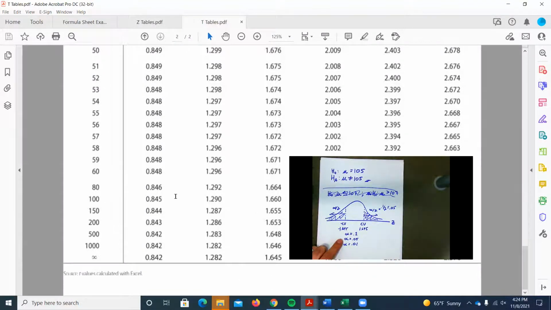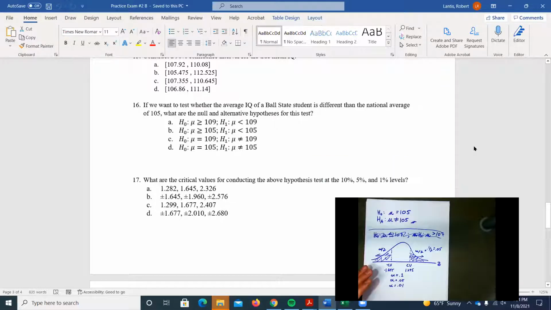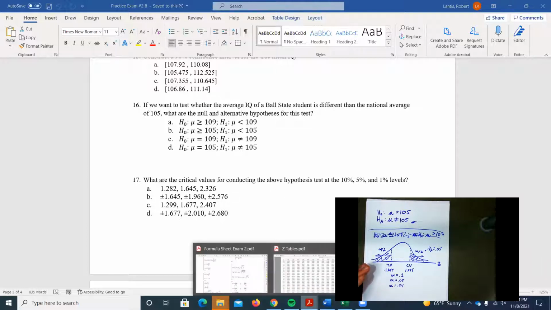So at this point, we really could stop. We've already identified, right here, the pair of critical values for the 10% level. Now we could look up the other two, and if we use that shortcut, it's pretty easy to do.